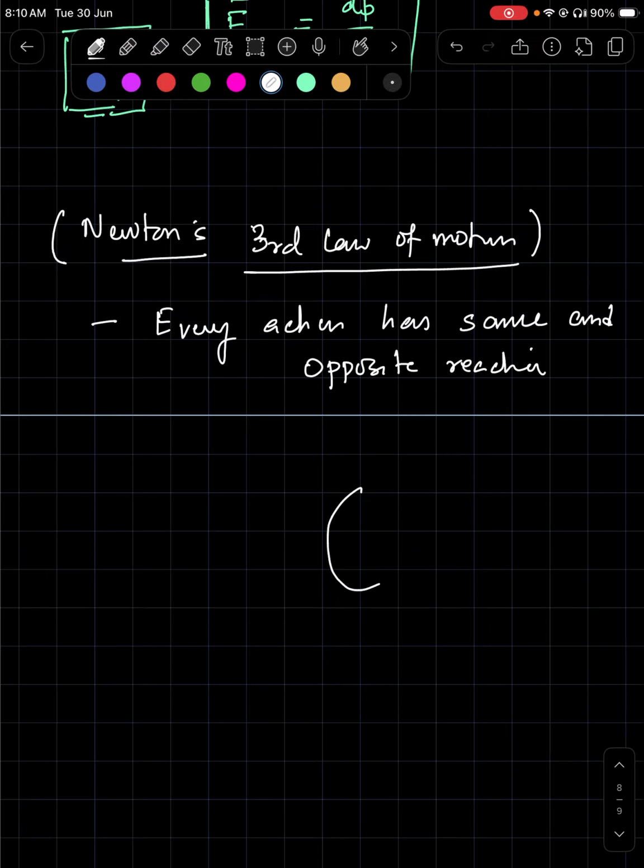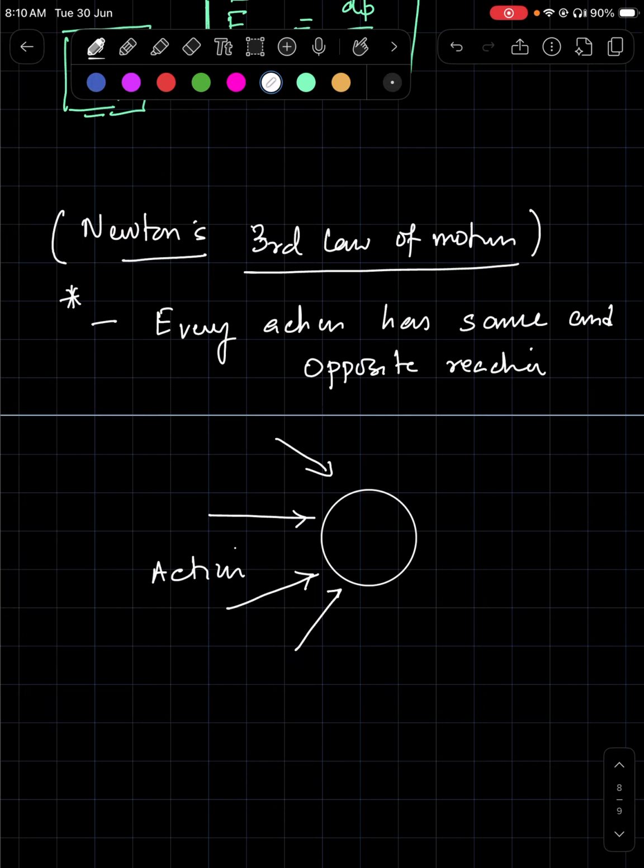That means if a body is, and again, this particular law is told only by those observers who are inertial observers. Yes. So here, if a body is exerted by many forces externally, this is the action.